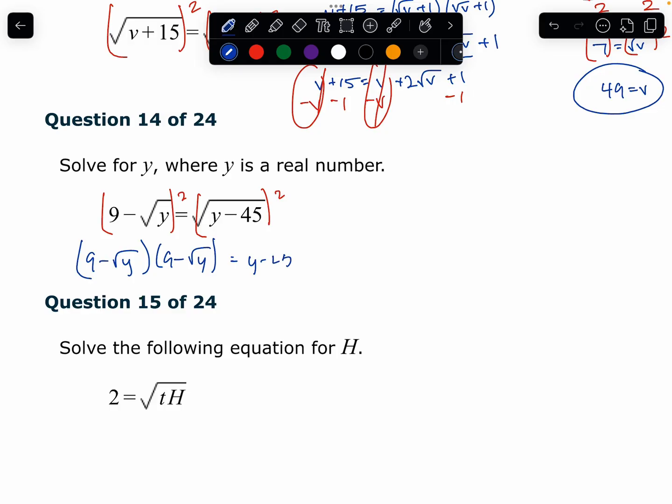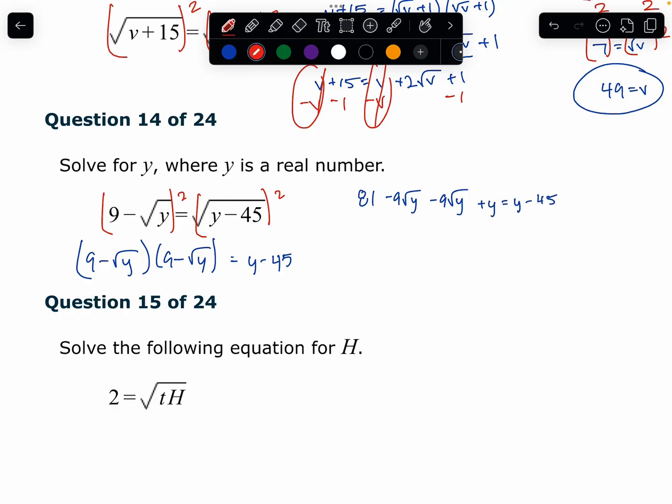So I do have to FOIL this left side. So 9 times 9, which is going to give me 81. 9 times negative root y, so minus 9 root y. But then I'm just going to get the same thing whenever I multiply the middle terms, so negative 9 root y. And then I'm going to have negative square root of y times negative square root of y, which is going to be positive y, equal to y minus 45.